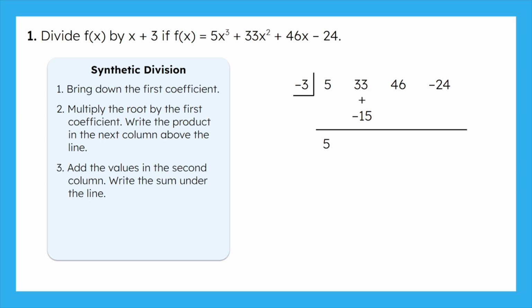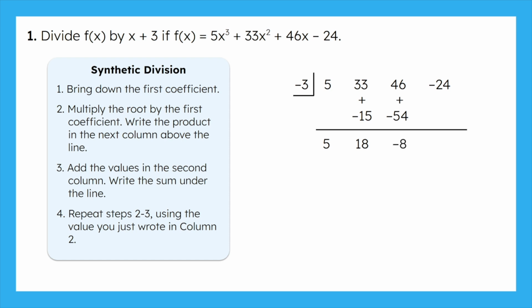So 33 plus negative 15, that's 18, which we write under this line. And now we're ready to repeat steps 2 and 3 again, this time multiplying negative 3 times 18, which is negative 54, and we'll write that here. Now we add down, and we're left with negative 8.